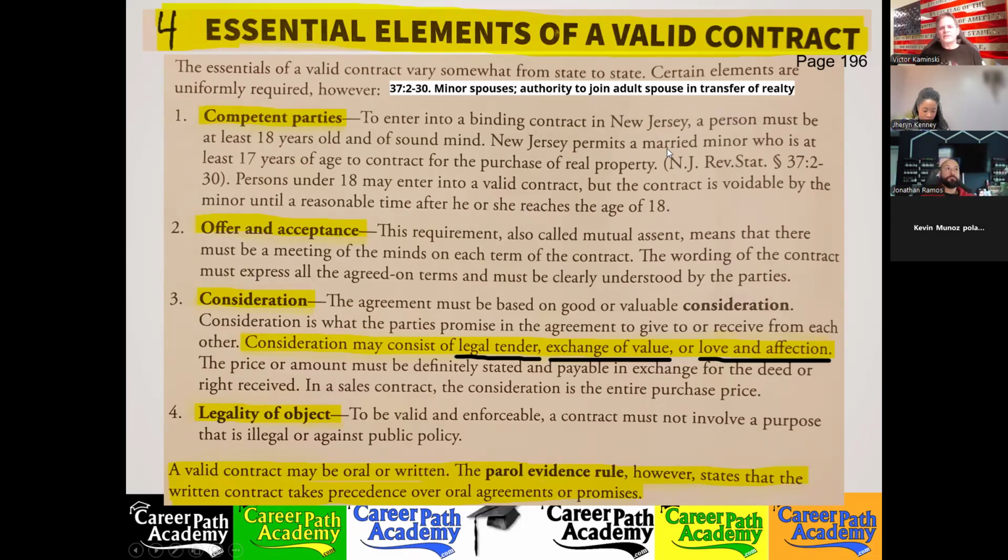Now, New Jersey permits a married minor who's at least 17 years of age to contract for the purchase of real property, according to revised statute 37-2-30, which states minor spouses have the authority to join adult spouses in transfer of realty.